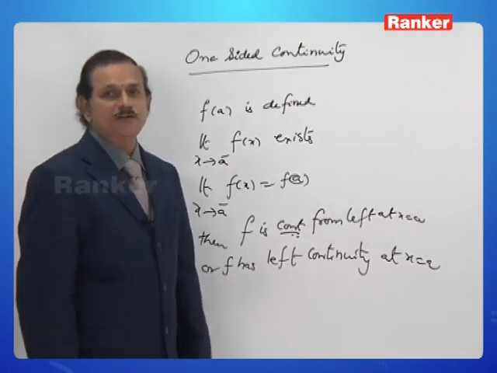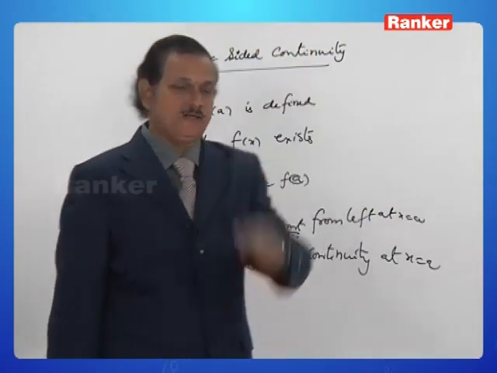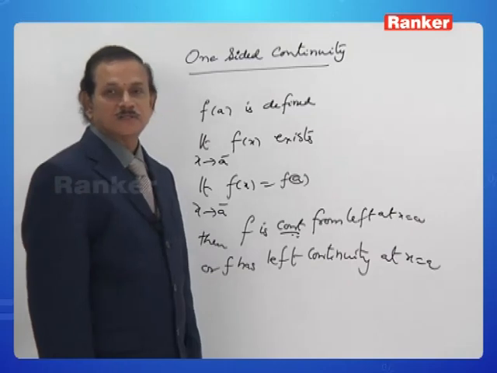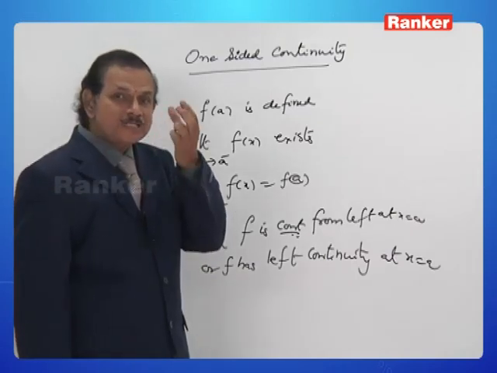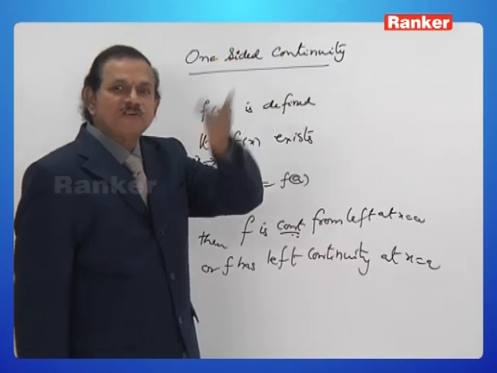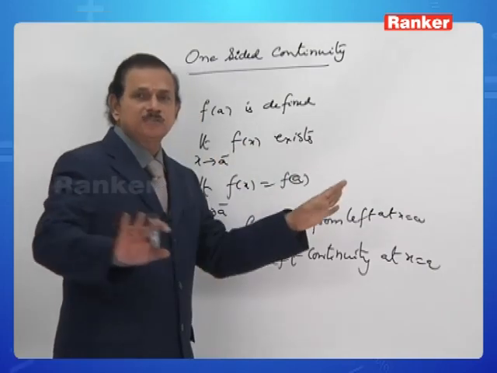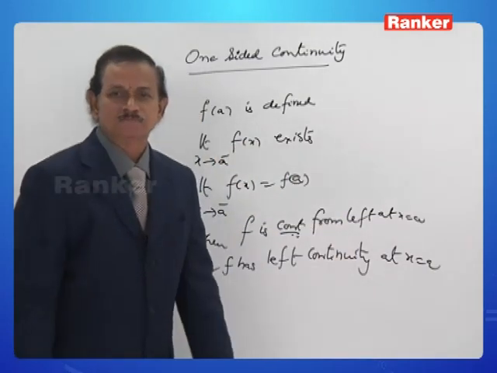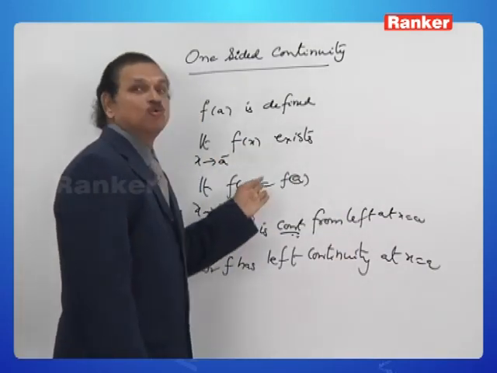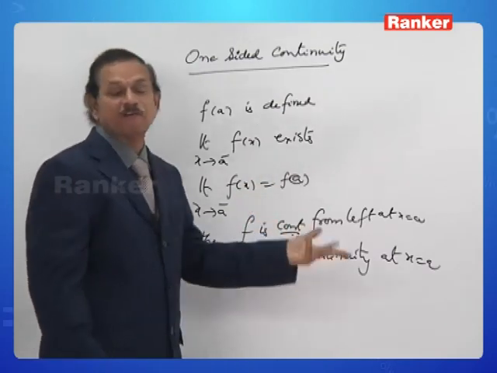For continuity, we recall that there is a set of three conditions. The first condition is f of a is defined, no change in the condition. In the second condition, in the main definition, the full limit must exist. For one-sided continuity, that is for the left continuity, the left-hand limit should exist. It's enough. Third condition, that so-called left-hand limit which is existing must be equal to f of a.